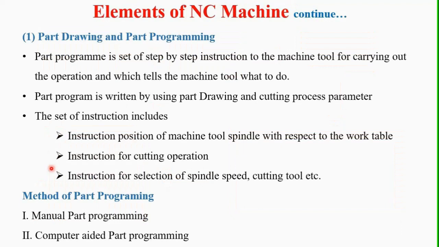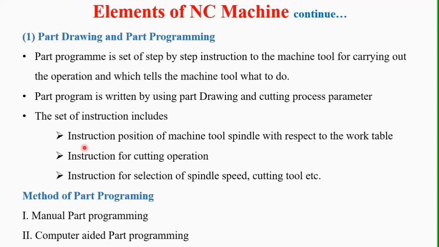The first part of the NC machine is part drawing and part programming. A part program is a set of step-by-step instructions to the machine tool for carrying out the operation, and it tells the machine tool what to do. The part program is written by using the part drawing and cutting process parameters.